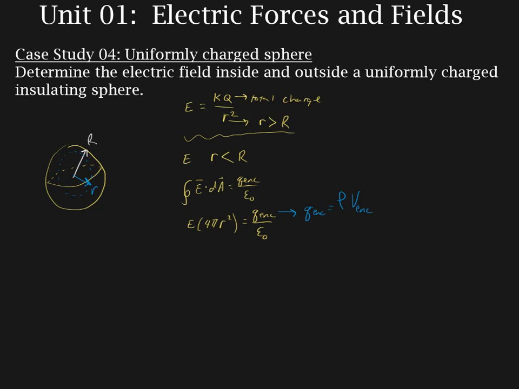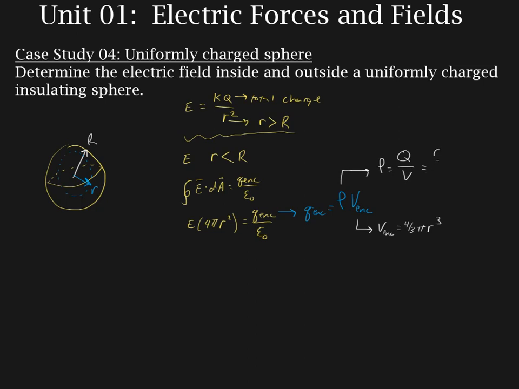So the volume enclosed is pretty simple. That's going to be the volume of a sphere, where the sphere happens to be the Gaussian sphere. So the volume enclosed is equal to 4/3 pi little r cubed. Now rho, by definition, is equal to the total charge divided by the total volume.